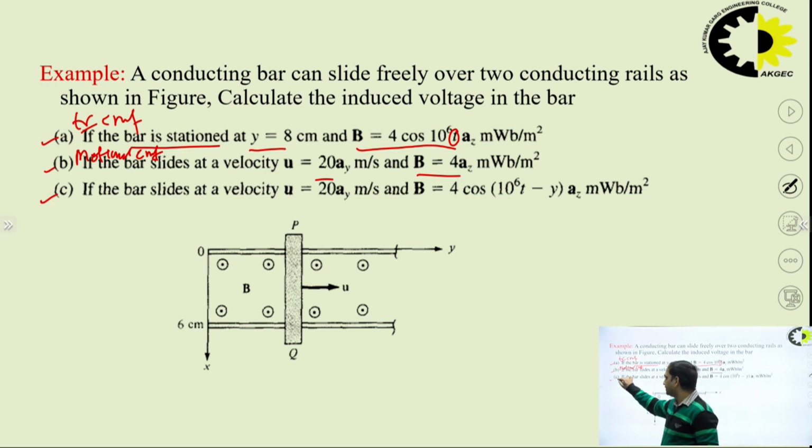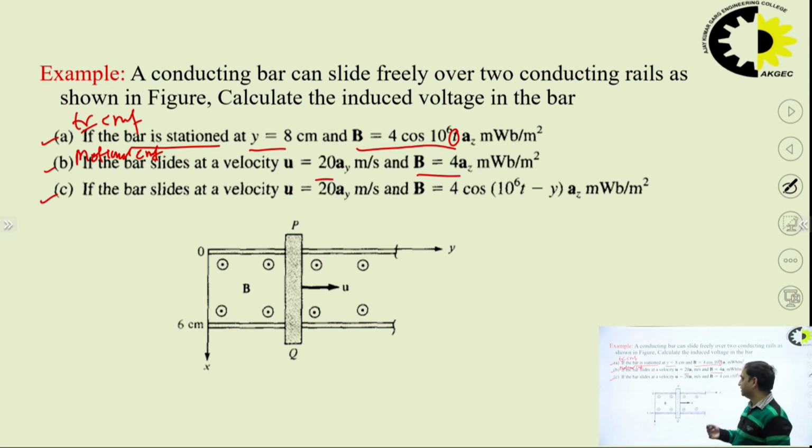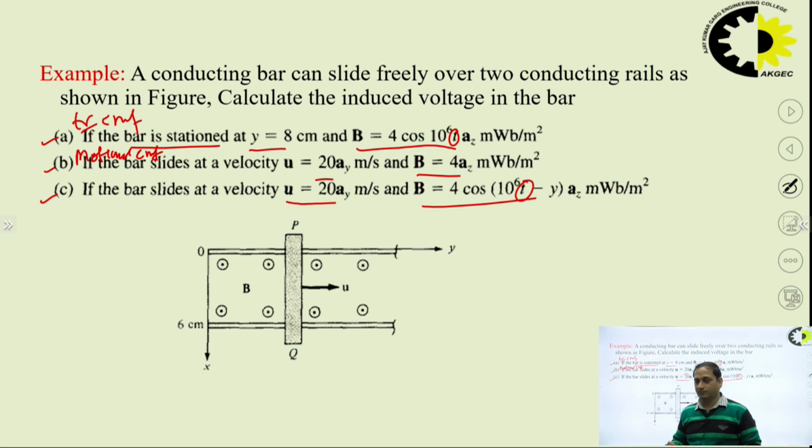Now come to the third case. The bar slides with the velocity u, and the B is like this. In this third case the loop is varying. When the sliding bar moves left and right, the size or surface area of the loop will increase or decrease. So it is varying in nature, and the B field is also changing with time.